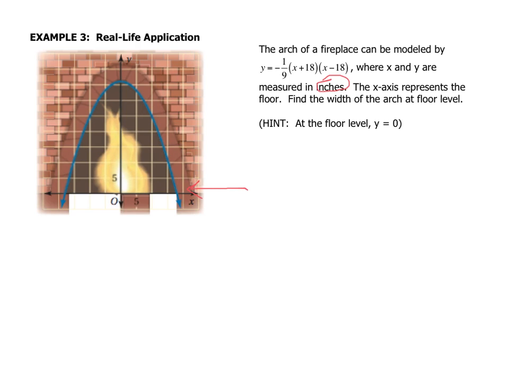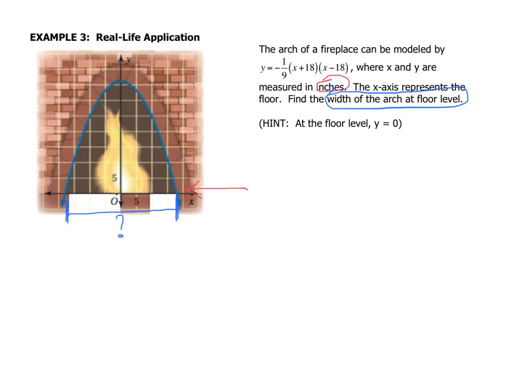It's not up off the ground someplace, right on the floor. We're trying to find the width of the arch at floor level. So basically what we are looking for is this dimension all the way across to there.